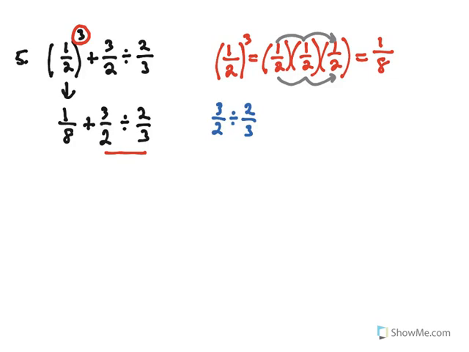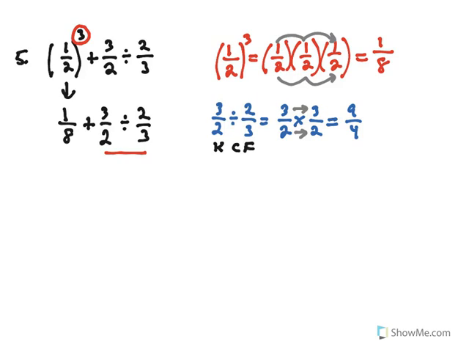So when we do keep, change, flip, okay, then we have 3/2 times 3/2. Then we just multiply straight across. And then that's going to give me 9/4, because we're doing 3 times 3 is 9, 2 times 2 is 4. Okay? Again, you don't need common denominators when you multiply and divide fractions.